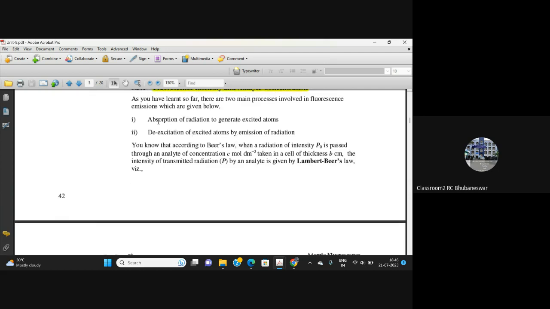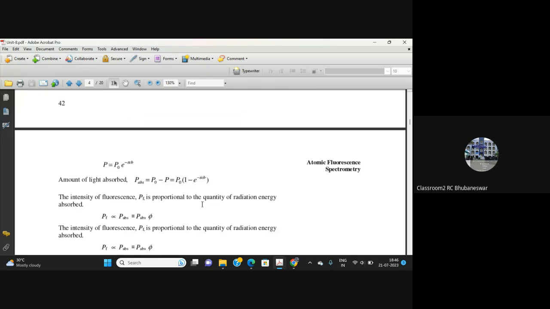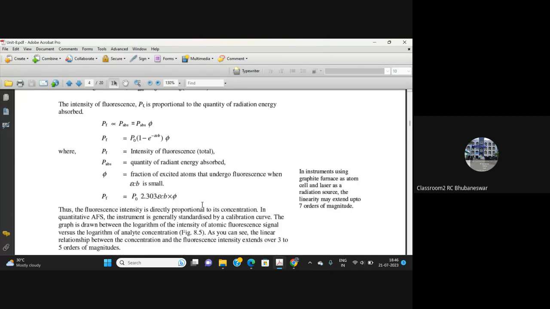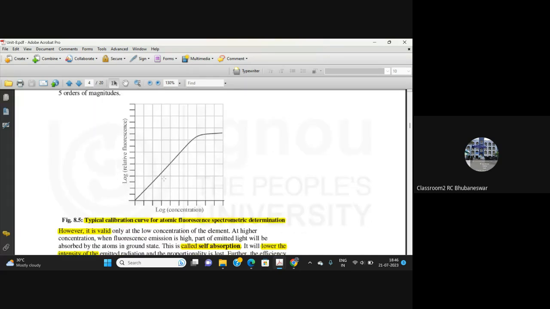Okay. So absorption of radiation generates excited atoms, and then de-excitation with emission also happens. So fluorescence intensity and concentration are interlinked. But here, as I was telling you, in the higher concentration region you are seeing a bend.